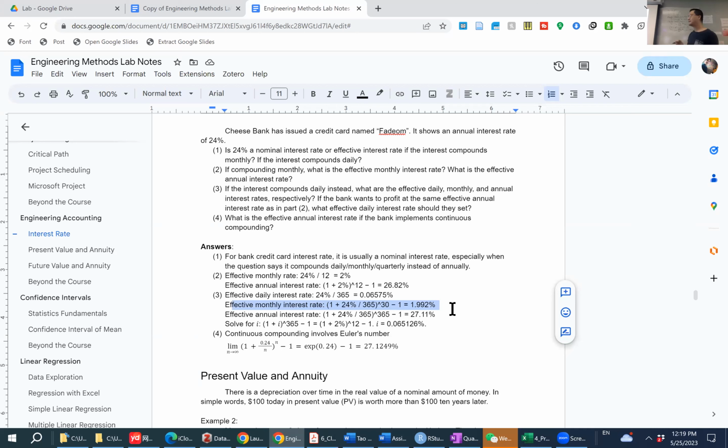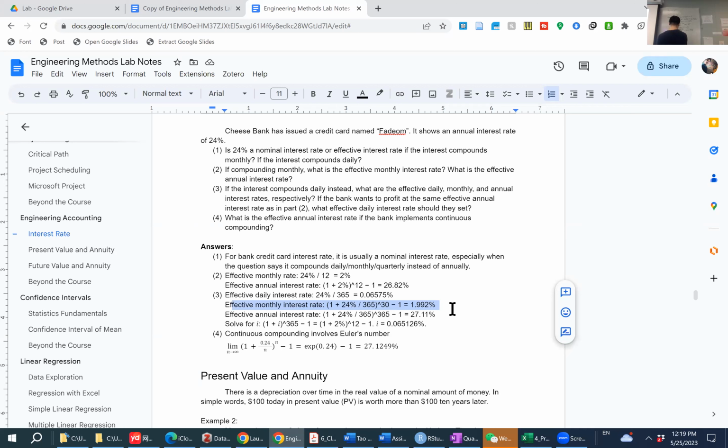However, this quantity has a limit. That's why I created part 4. So in 4, it asks if it compounds continuously. So the frequency is infinite. It means the assessment of interest is infinitesimal. So it can be as small as you can imagine. Then to find this quantity, we basically do this.